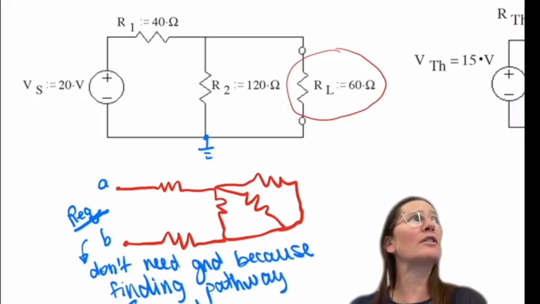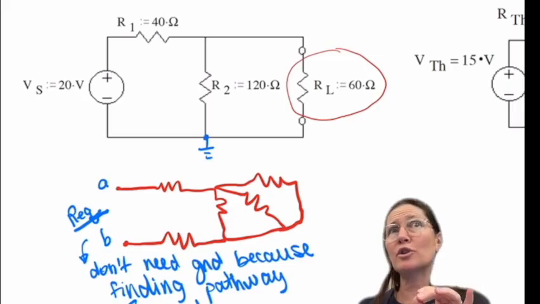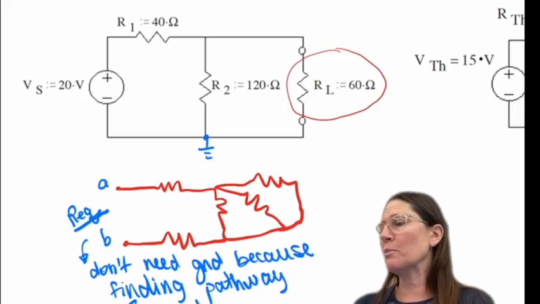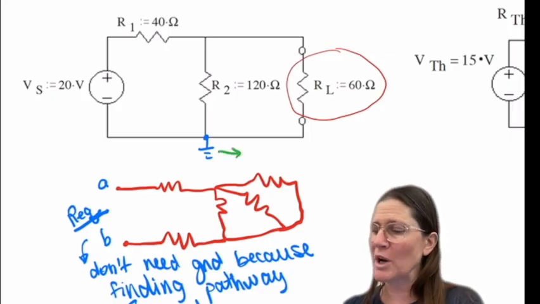You want to put a ground at an essential node, and typically you want to put it at the essential node with the most branches off it.